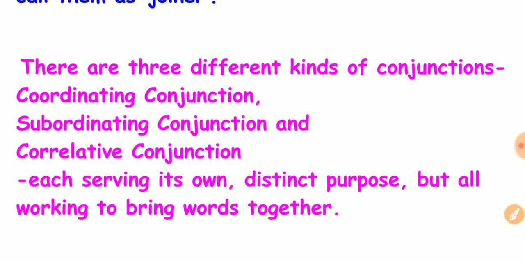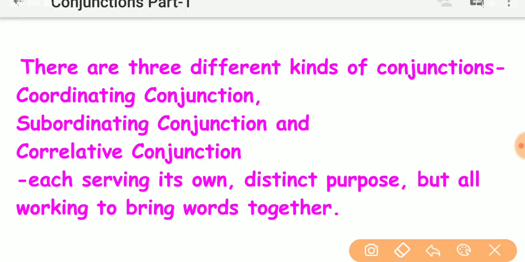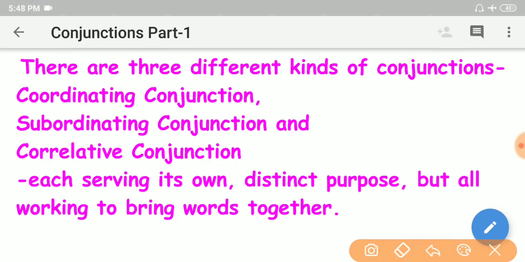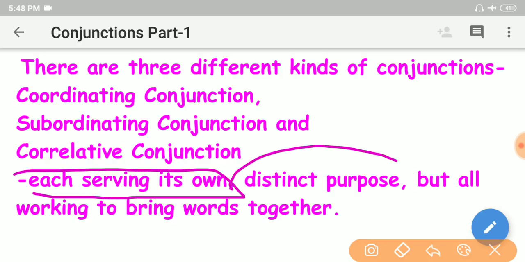conjunctions, my dear friends. So each kind of conjunction is going to serve its own, different or distinct purpose, because all three kinds cannot be used in the same place, but they are used in different situations, each serving its own purpose.